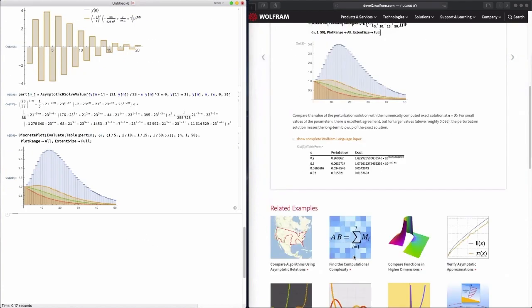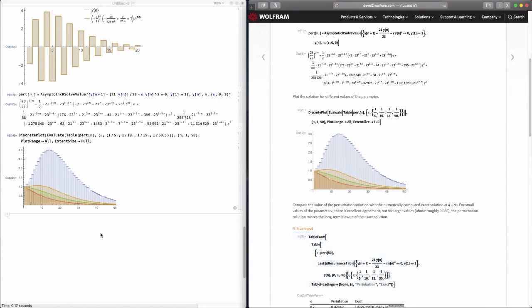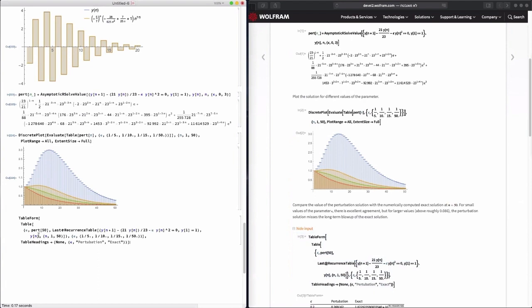However, if we do a comparison, here I'm going to make a table where I compare epsilon, the value of our perturbation solution at 50, and then numerically integrate our equation at that value of the parameter at 50.